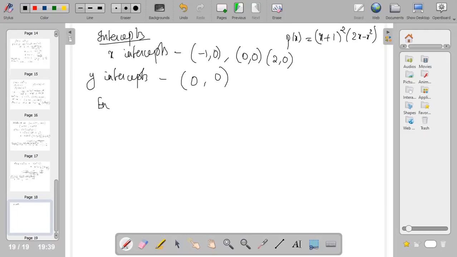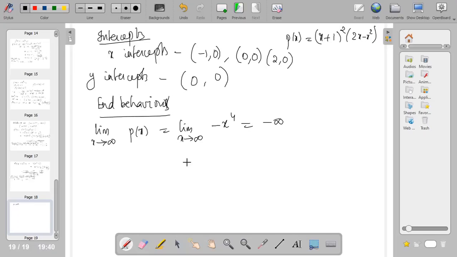And let us look at the end behavior. So when you take limit x tends to infinity, p of x, the highest degree term is minus x raised to 4, so that is minus infinity.